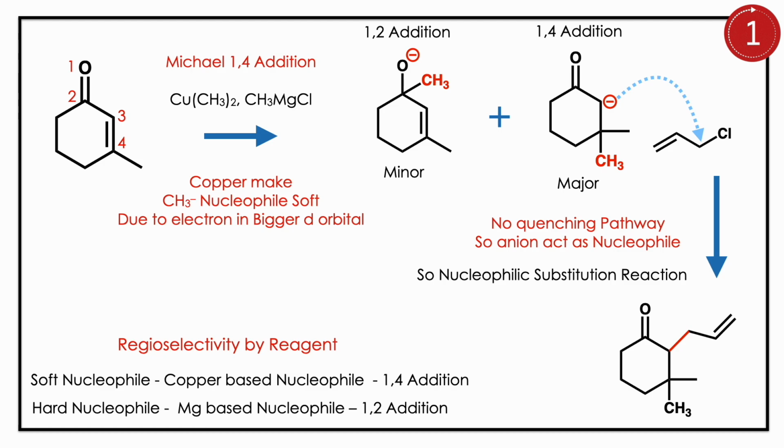So methyl adds to the fourth position. You are generating the nucleophile. Nucleophile attacks the chlorine. You have new CC bond. The concept you outline here is when you mix the copper reagent with methyl magnesium chloride, the nucleophile becomes soft, which promotes the regioselectivity. This is the best example of regioselectivity controlled by the reagent.